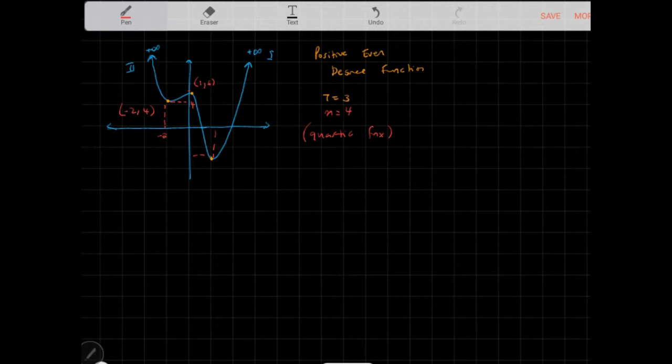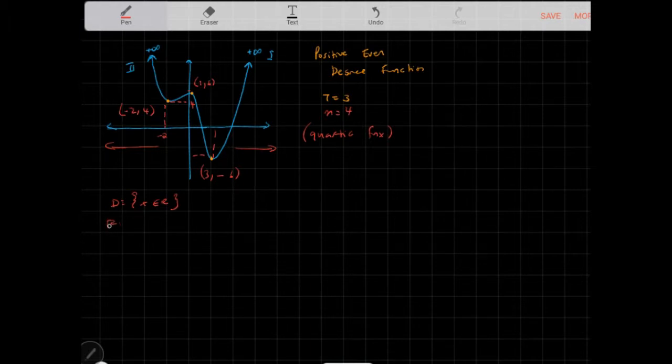You can imagine here that the domain will encompass all points because there is no restriction on the x values. It spans the entire x-axis.